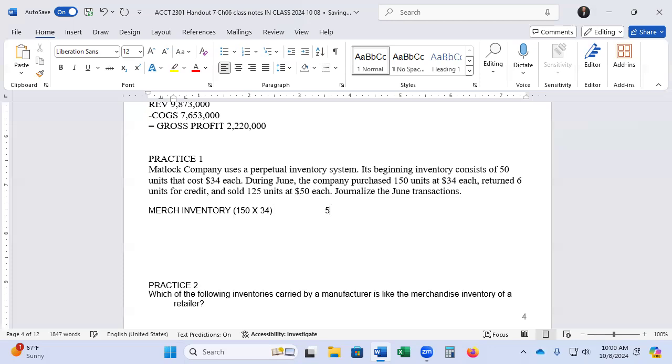And so that's 5,100. Hopefully, if you didn't know the entry, you were at least able to come up with this part. And we assume that they paid cash. That's our credit for 5,100.